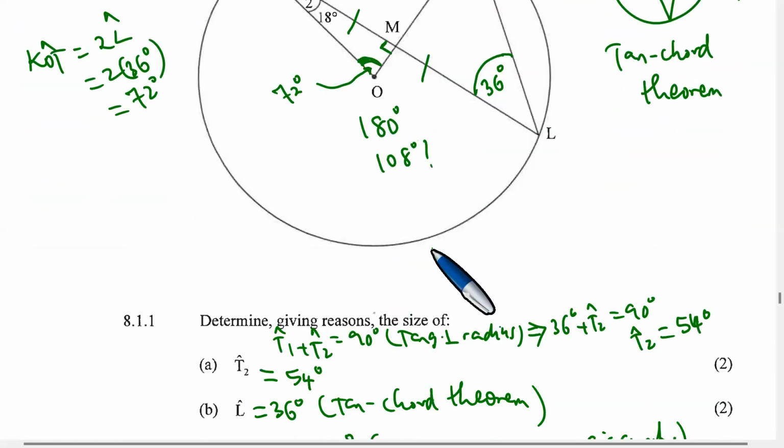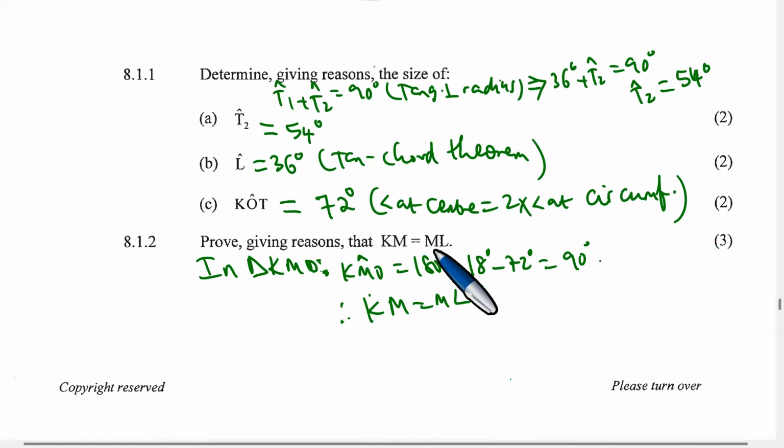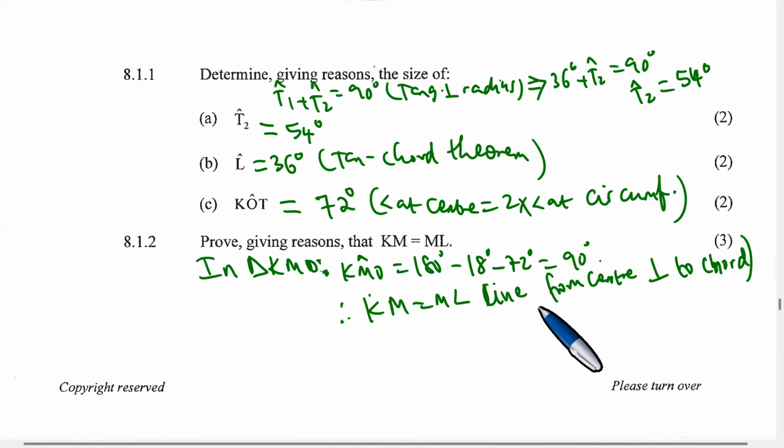And therefore KM equals ML. The line from center perpendicular to chord must bisect the chord. So we have that one.